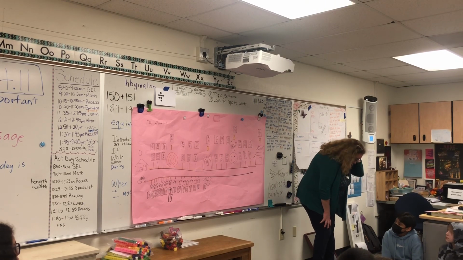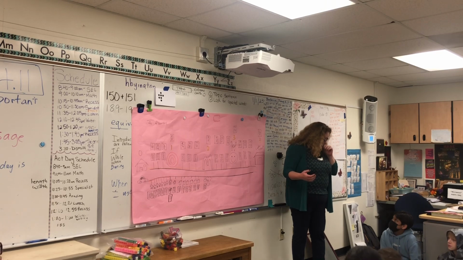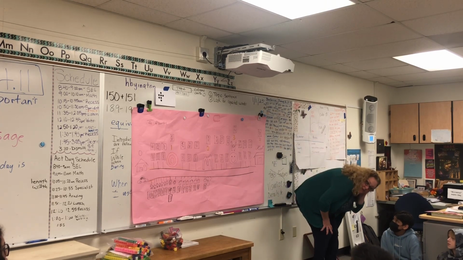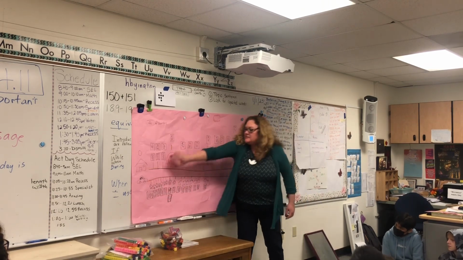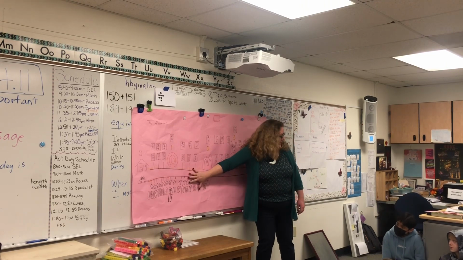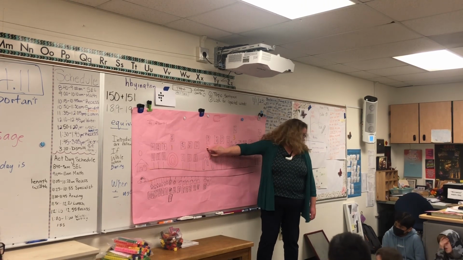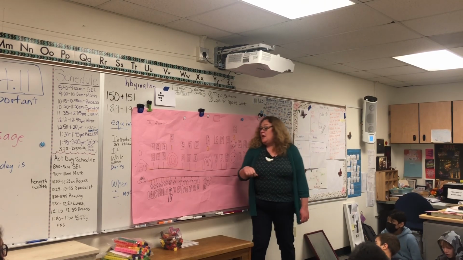It has 16 houses. Okay, how does that help you see it's 2 wholes? 8 plus 8. You've got 8 right here that makes 1 whole. You've got 8 right here that makes another whole, 2 wholes. Is that what you mean when you say 8 plus 8? Okay, good.